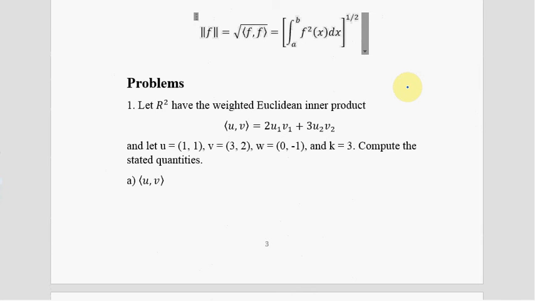That's not standard because the standard inner product would be absent the 2 and absent the 3, right? That would be the standard inner product. So based on what they give us, then we want to compute here the inner product of u and v, given these values for vectors u, v, w, and the scalar k.